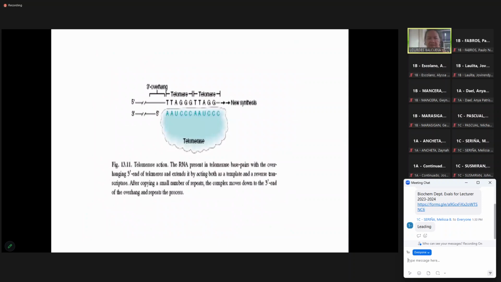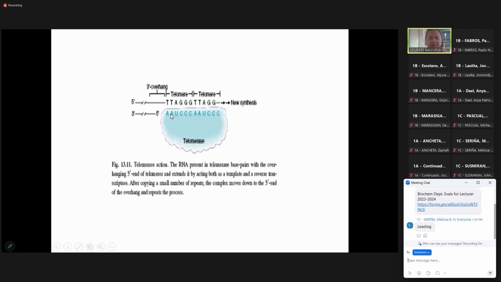Here. So this is your TTAGGG now overhanging after the RNA is removed, no? After the RNA is removed, at the 3' end of the strand. So you have the telomerase, the enzyme that consists of several RNA molecules.